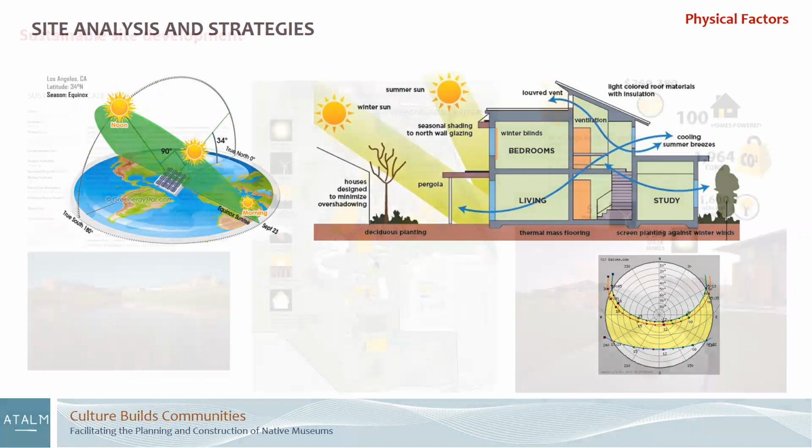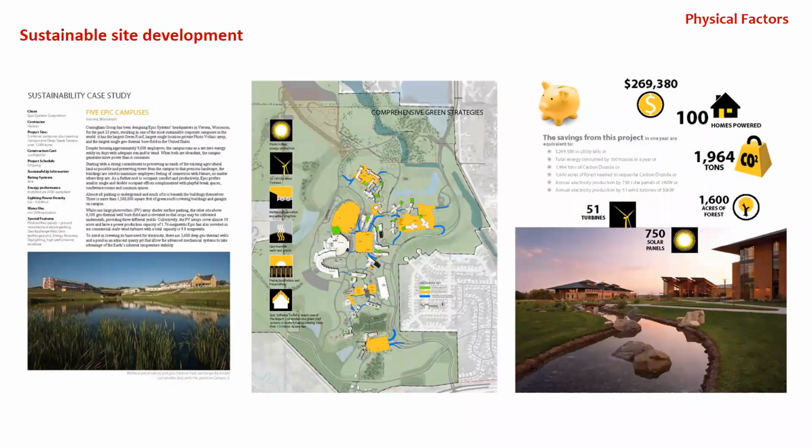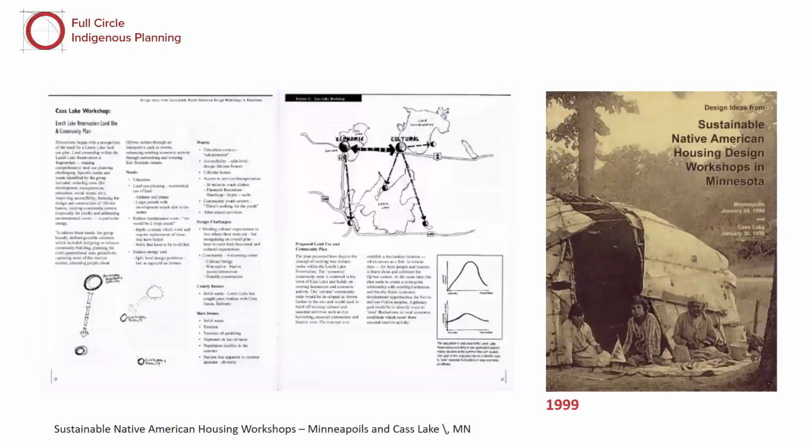And then sustainable site development is incredibly important. This is a project we're doing in Wisconsin. It's a large campus, and it's almost net zero in terms of building. Every once in a while during the year, we're actually putting energy into the grid. It's a large facility, but even so, we're able to design the site, utilizing natural resources to allow that to happen.